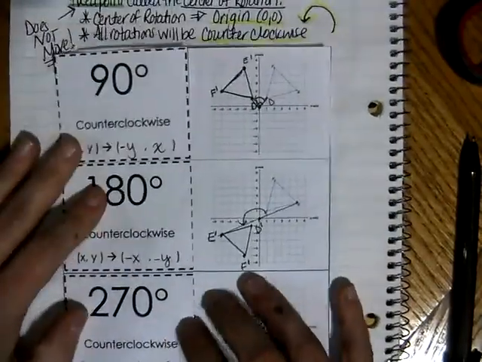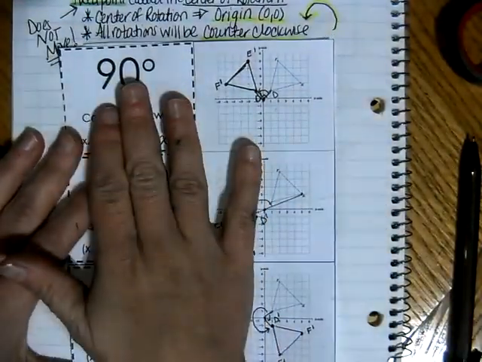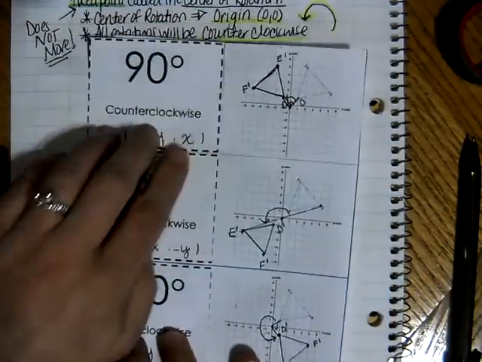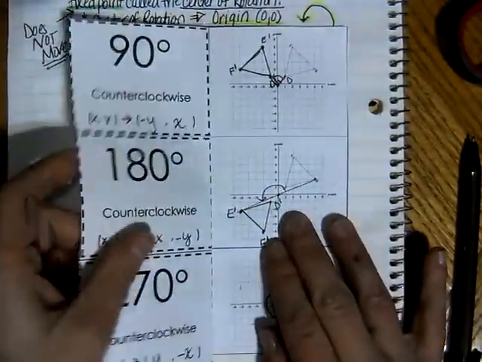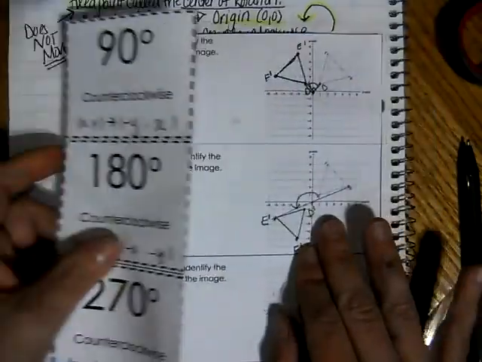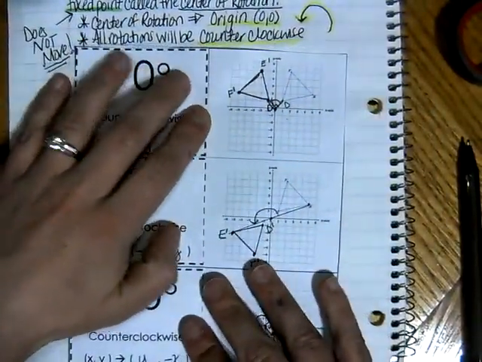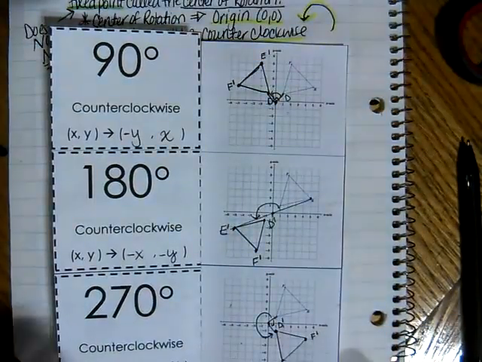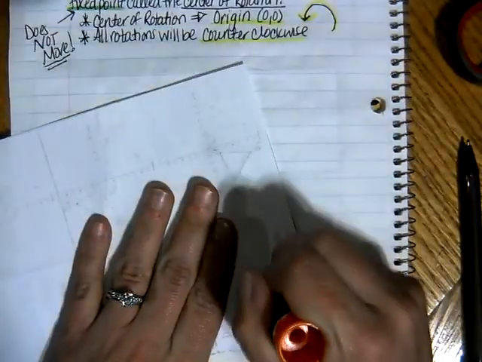So you can see the animation of a 90-degree rotation, a 180-degree rotation, and a 270-degree rotation. And when you open it up, you'll be able to see what our examples look like. So go ahead and paste this into your notebook, and that is the end of today's lesson.